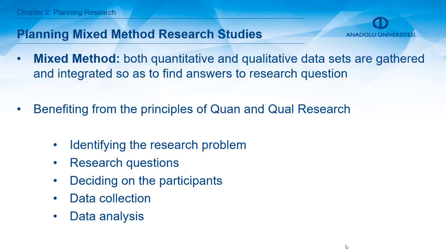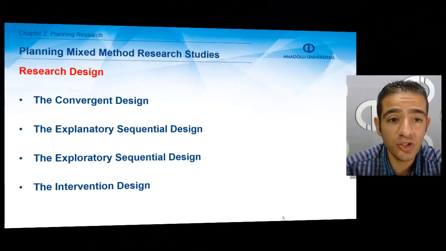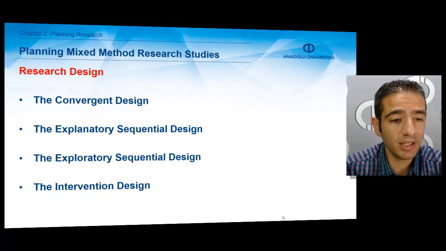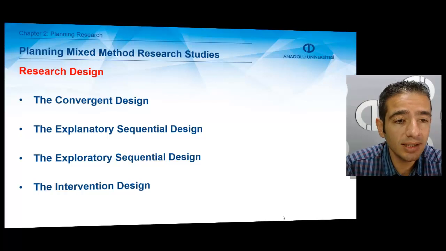As you may remember from qualitative and quantitative studies, we also have the same steps in mixed method research. You identify the research problem, you construct research questions, you decide on the participants, collect the data and analyze them. I mean, the process is the same, but the research designs may change in mixed method studies. For example, if you want to focus on the convergent design, you collect and analyze both qualitative and quantitative data at the same time.